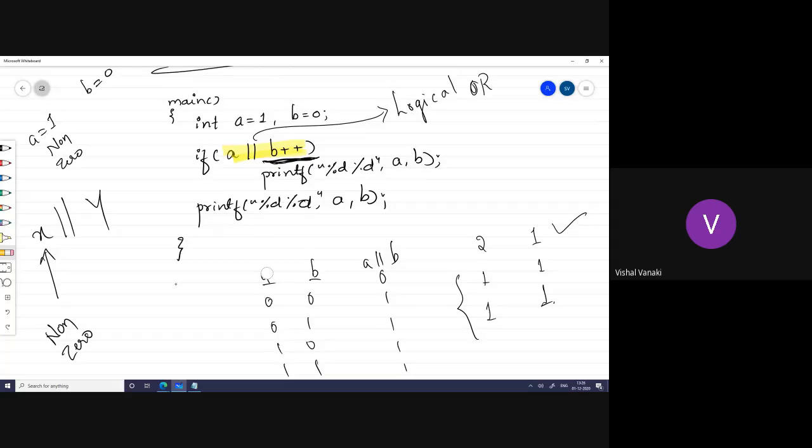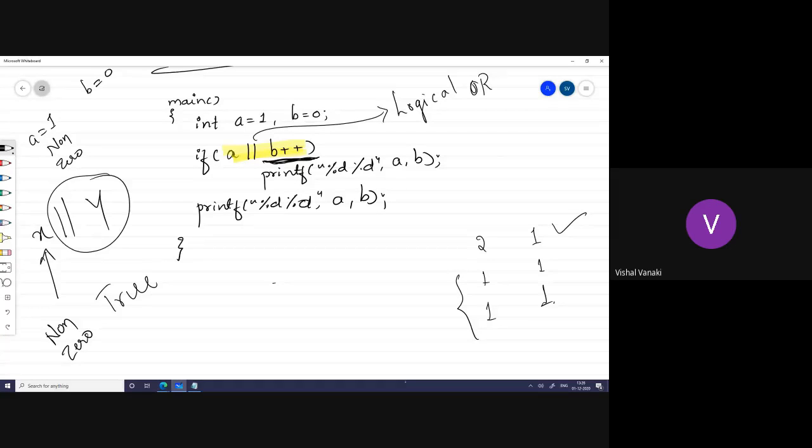In logical OR operation, if the first operand is non-zero, the condition will be evaluated as true and the rest of the expression will be skipped. Are you getting my point? Are you able to understand?